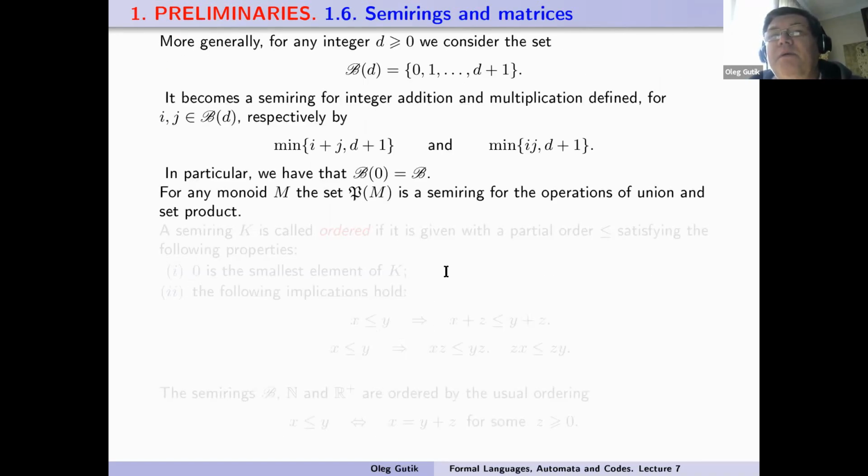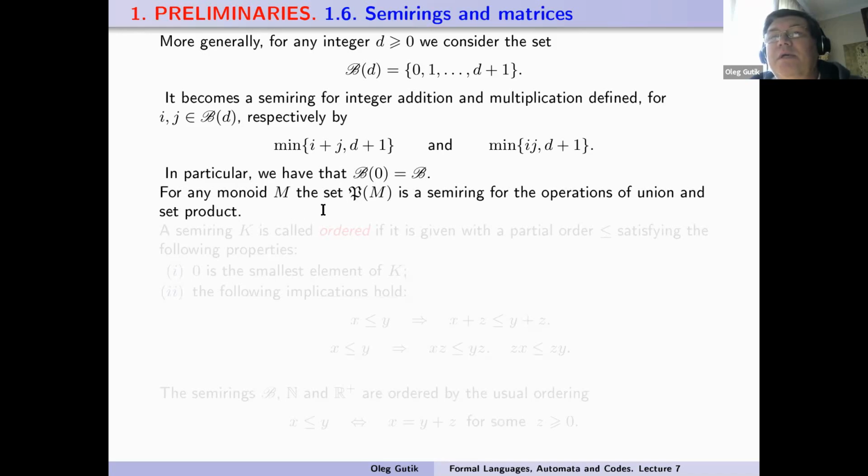For any monoid M, the set P(M) of all subsets of the monoid M is a semiring for the operations of union and set product.